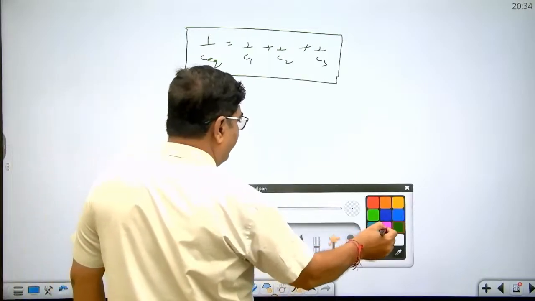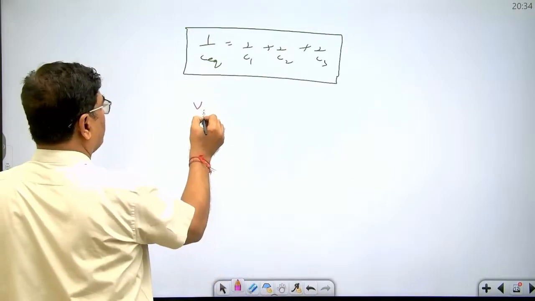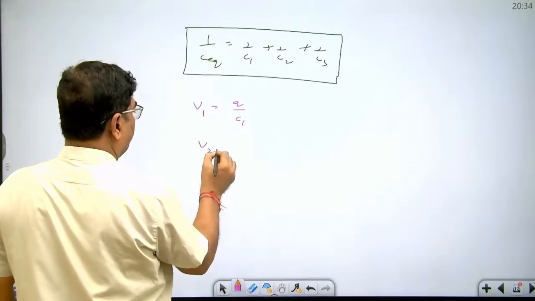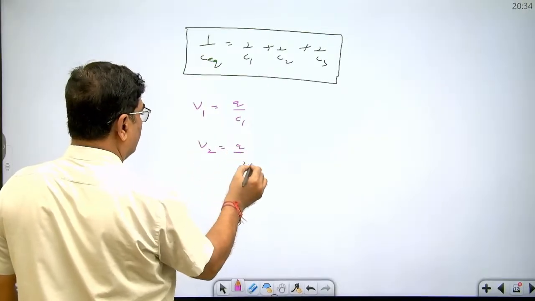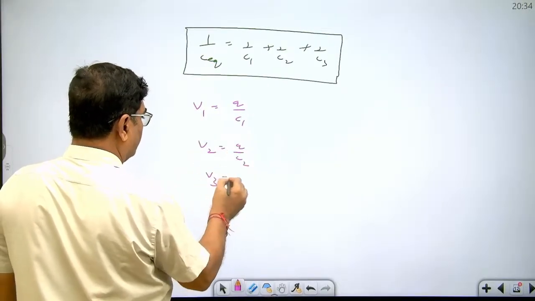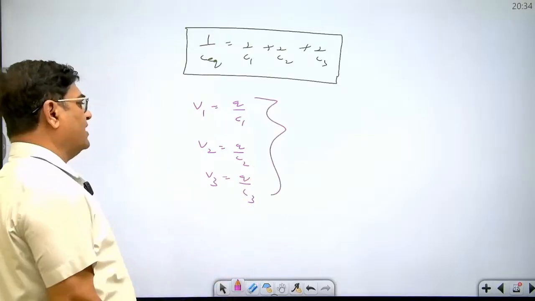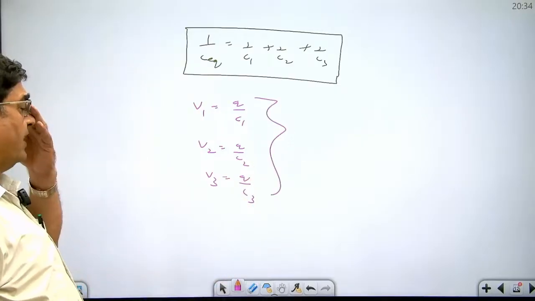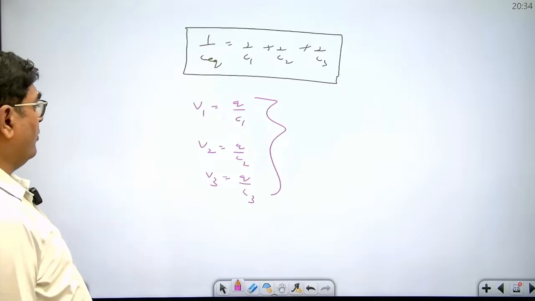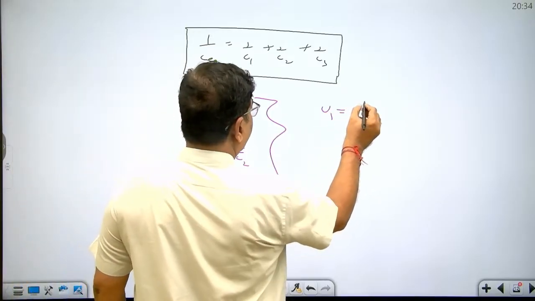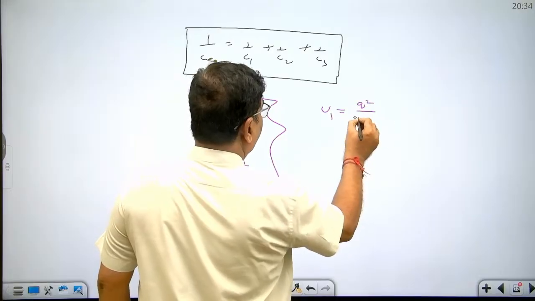But dear student, if we talk about the potential difference between the plates of each capacitor, V1 equals Q upon C1, V2 equals Q upon C2 and V3 equals Q upon C3. If we talk about energy, the energy stored between the plates of the first capacitor is Q square upon 2 C1.